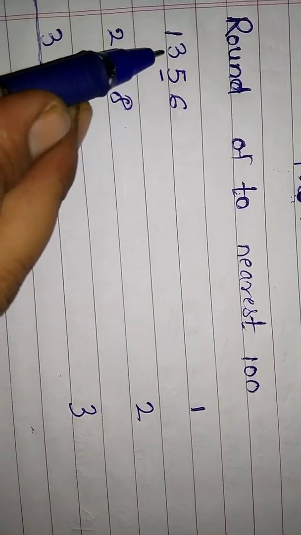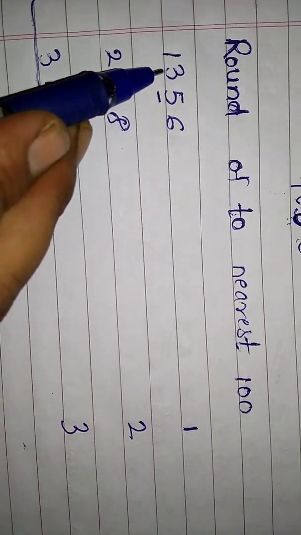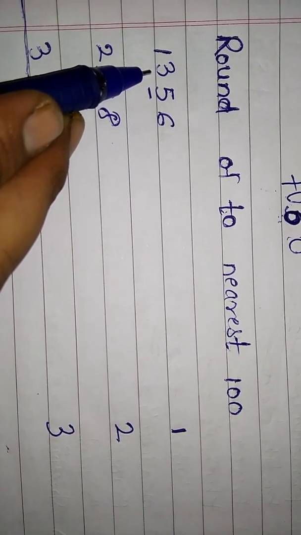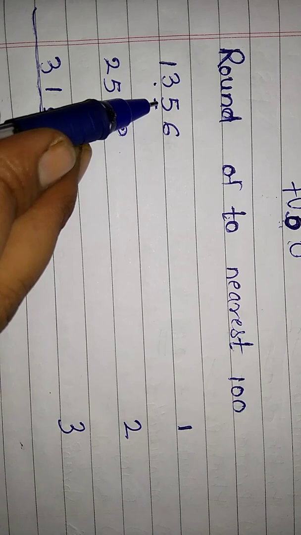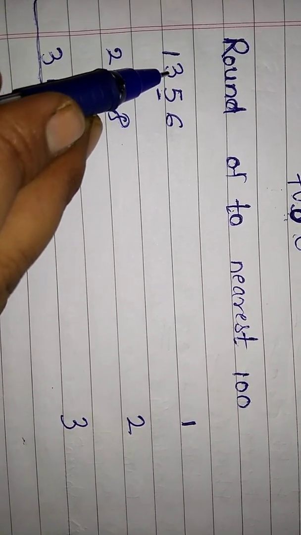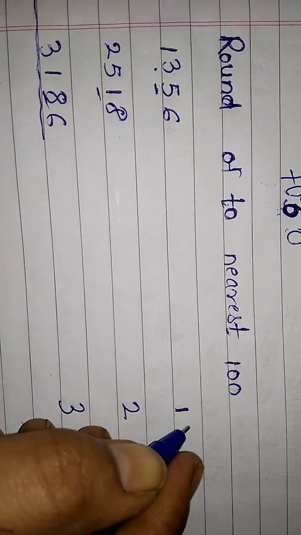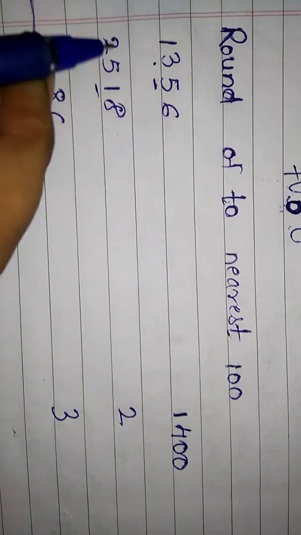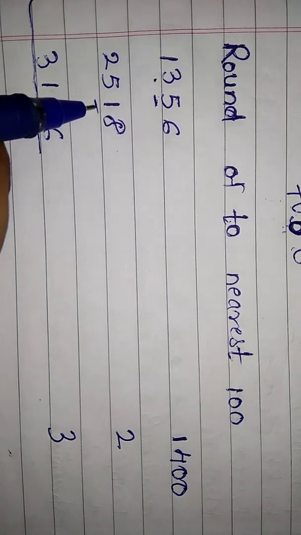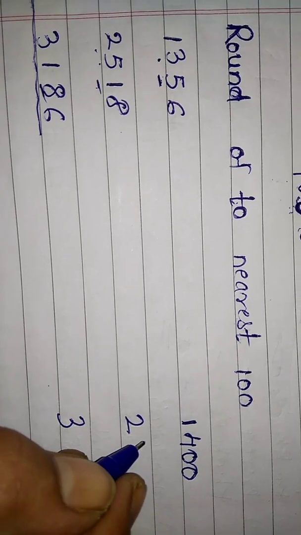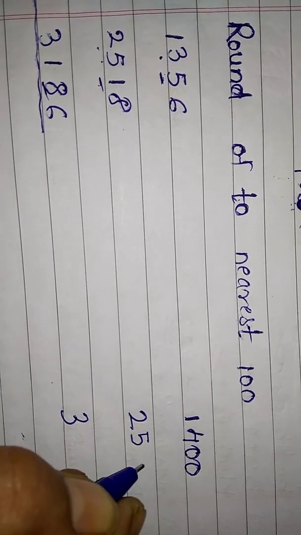Now you have to see the estimation to the nearest 100. Whenever you are estimating to the nearest 100, you have to see the tens place first. If the tens place is 5 or more than 5, then your number will come 400. Now here the tens place 1 is there, less than 5, then the hundreds place same number will come, 500.